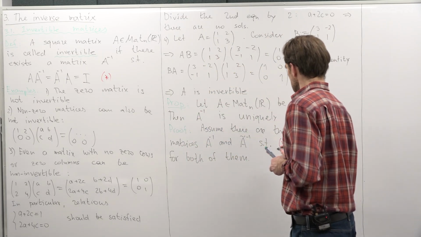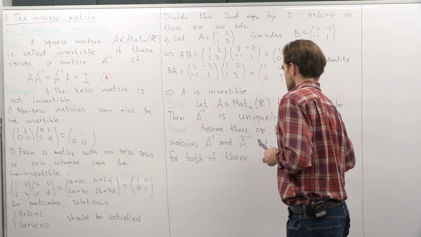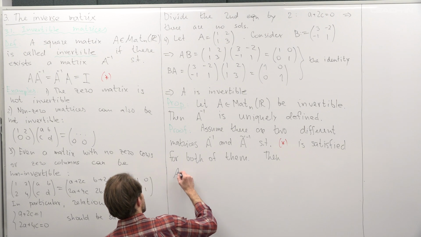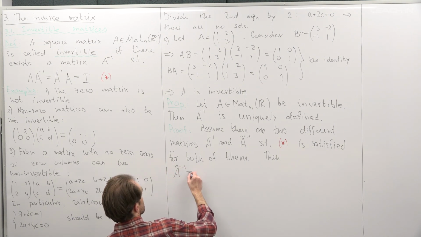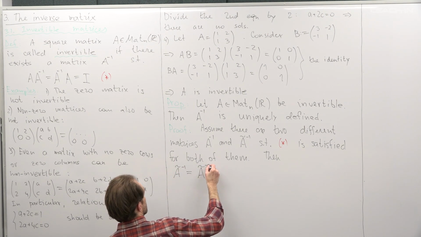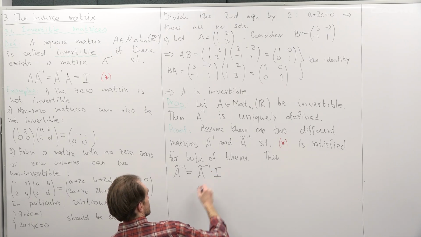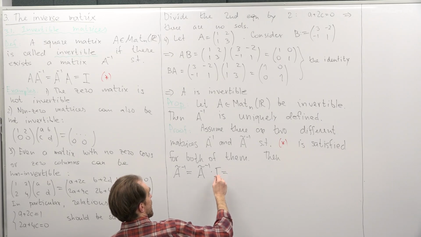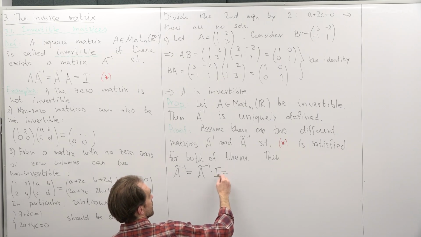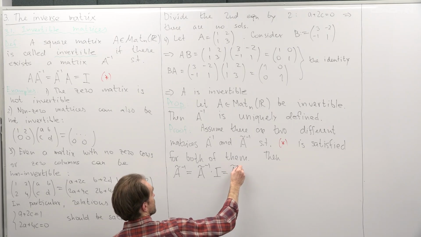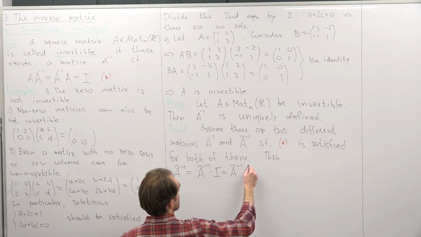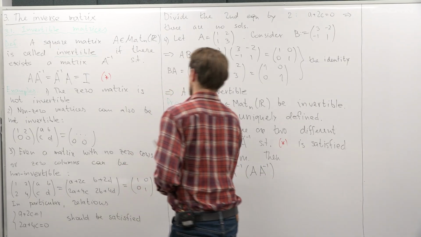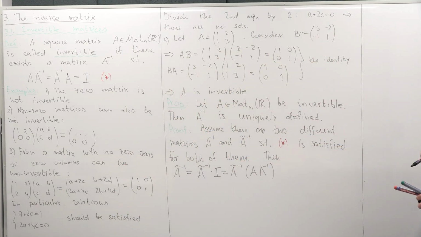Okay, then consider A tilde to the minus 1. I can represent it as A tilde to the minus 1 times the identity, just because multiplication by the identity changes nothing. And then I'm going to represent the identity as the product of A and A to the minus 1. So this follows from our relation.